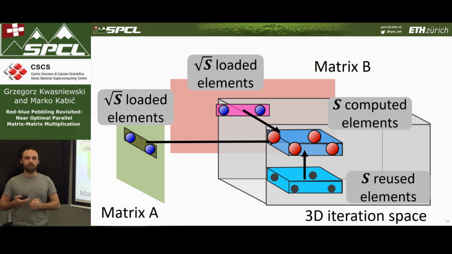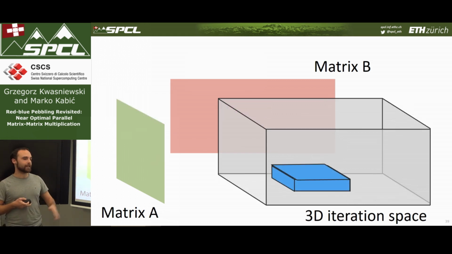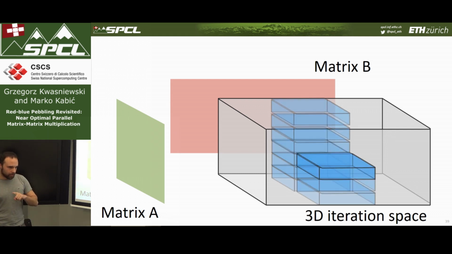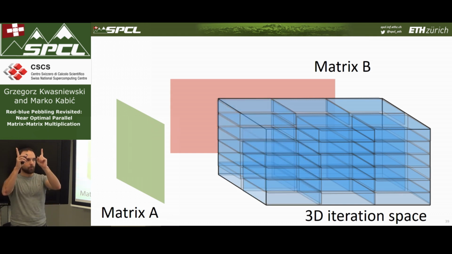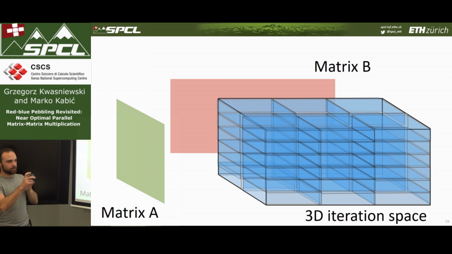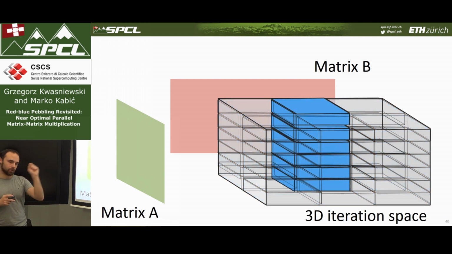Now, how do we get to the distributed setting? Well, we take our I/O optimal subcomputation and extend it to the whole global domain. We know that the I/O is minimized if all the red pebbles are moving only upwards. So we know that each of these pillars is independent because red pebbles don't move horizontally here.